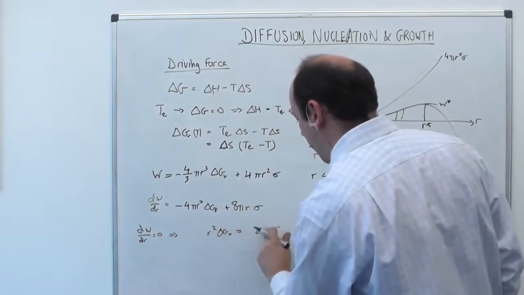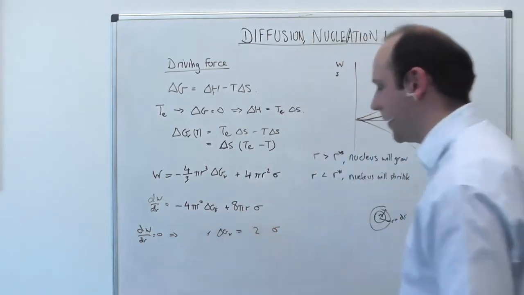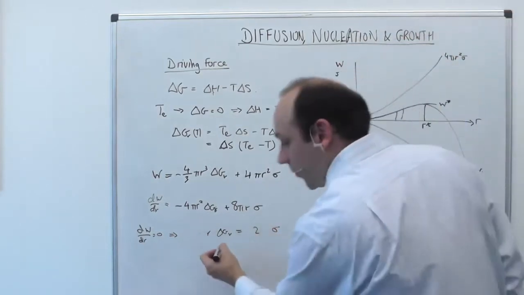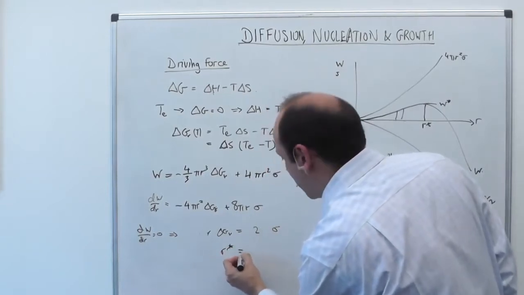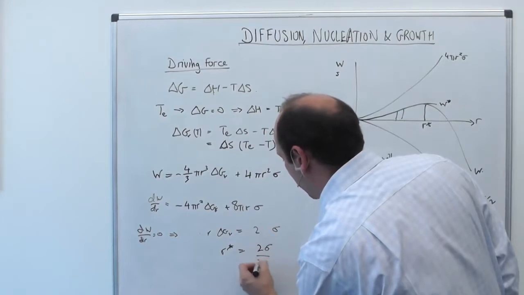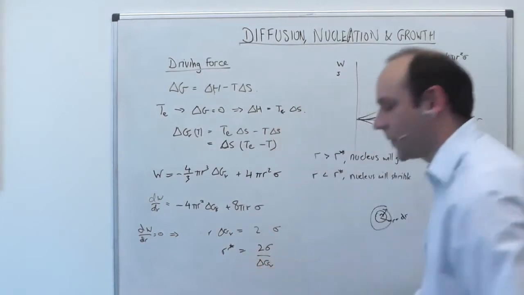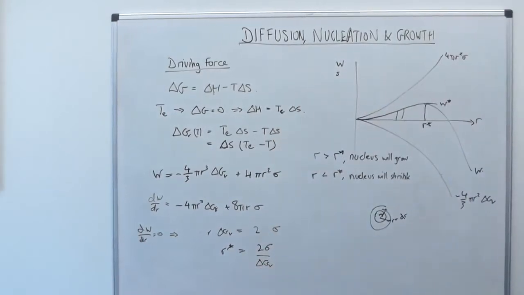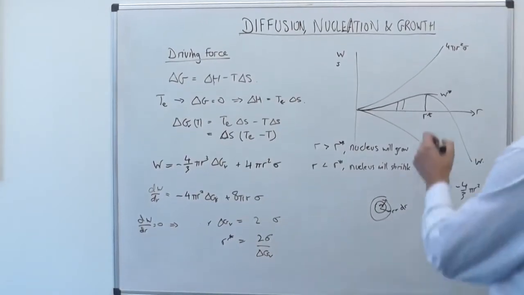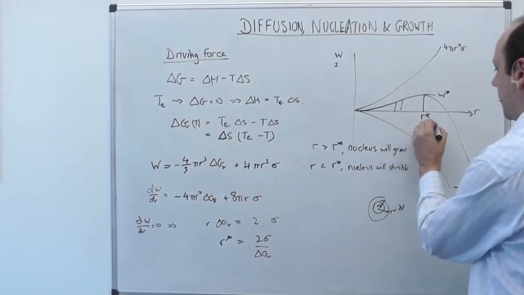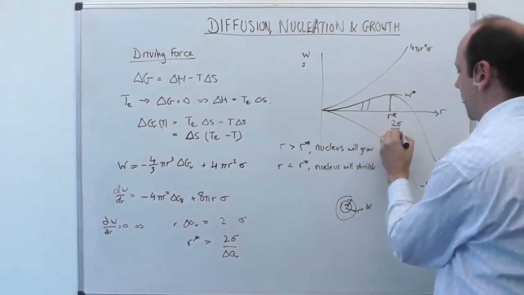And we can cancel the r with the r squared. And then we can say, therefore, that r star, our critical radius, is equal to 2 sigma over delta GV. And that's going to be our solution. So this value here is equal to twice sigma divided by delta GV.